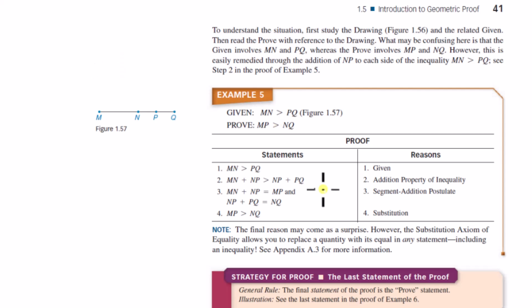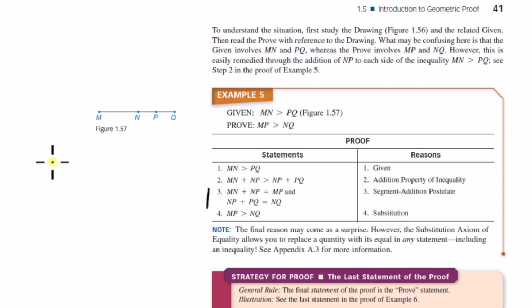So they put the given. Then they add NP to both sides, addition property of inequality. Then they do the segment addition postulate: MN plus NP is equal to MP, and NP plus PQ is equal to NQ. And that's what I'm saying. To me, in order to make this statement, one of the givens was this.